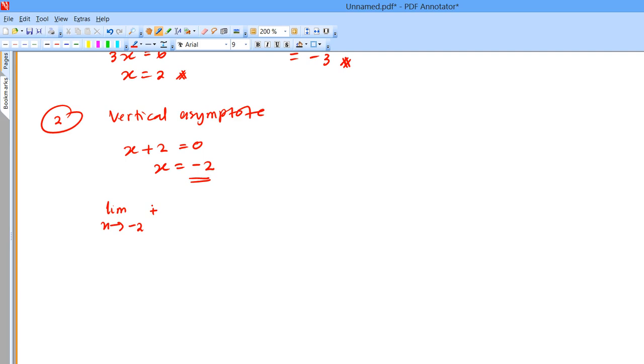So from right, we have the function (3x minus 6) over (x plus 2). The answer is either positive or negative infinity. So how to determine the sign? Okay, if we have a real number line, negative 2 here, and negative 1, negative 3. So this is from the right and from the left of negative 2. So from the right, you can choose one value that is greater than negative 2 but approaches negative 2.